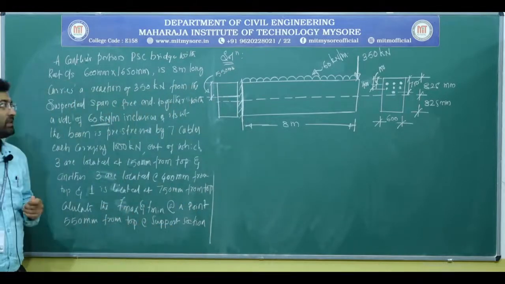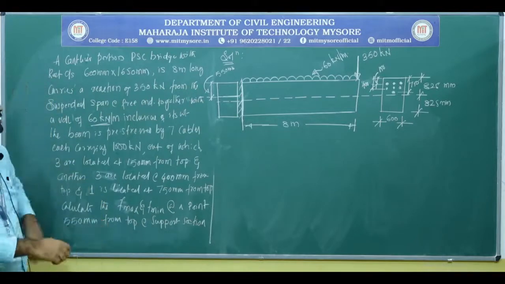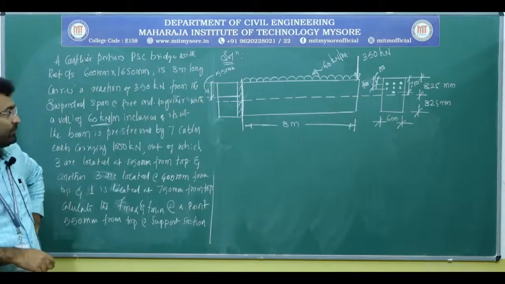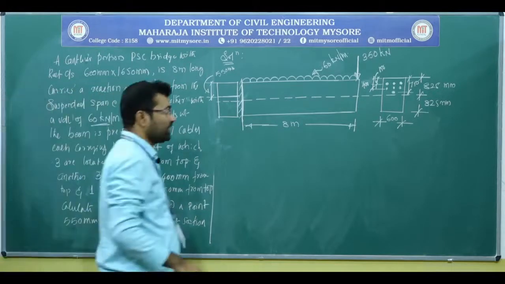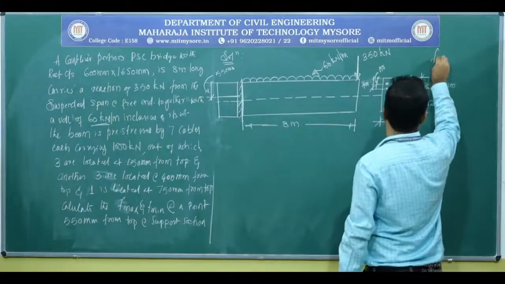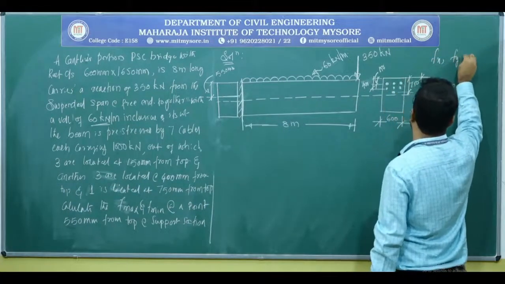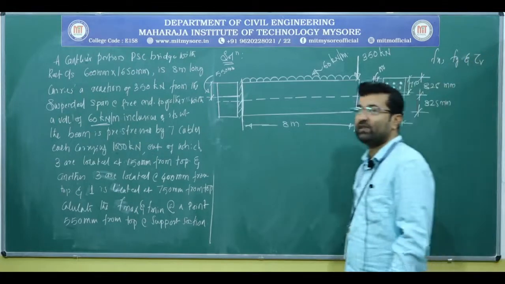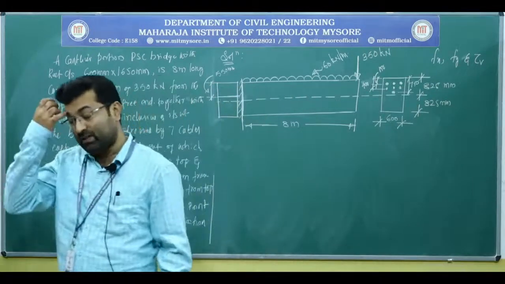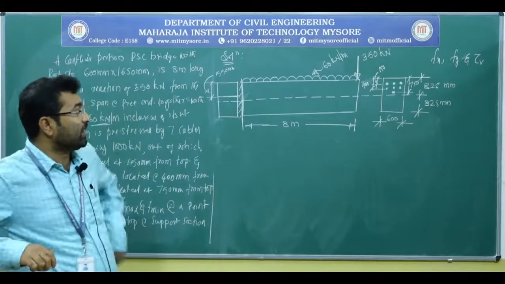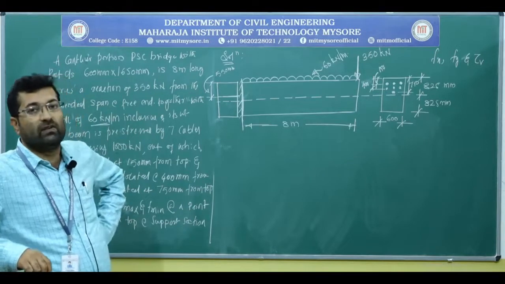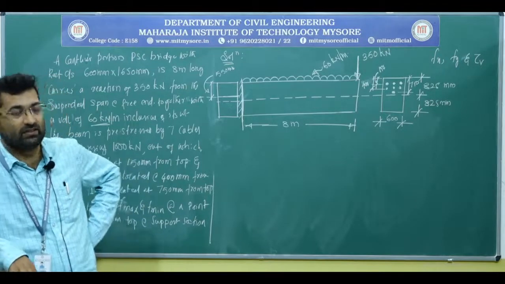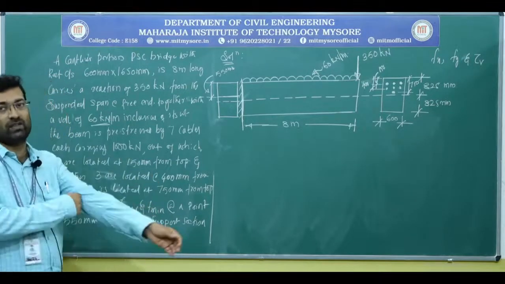To calculate the principal stresses F minimum and F maximum, we need three things: F of x, F of y, and tau v. F of x is the stress due to direct pre-stress, that is pre-stressing force divided by the cross-sectional area of the concrete.